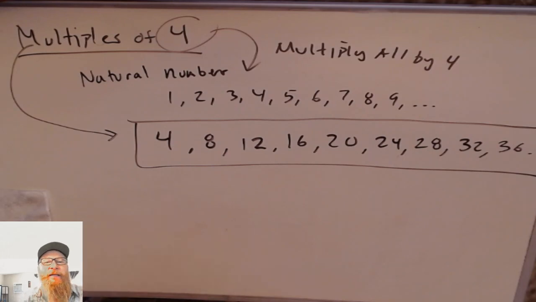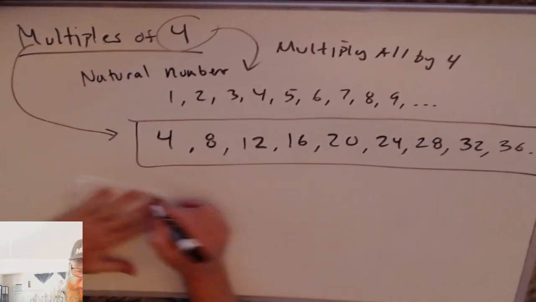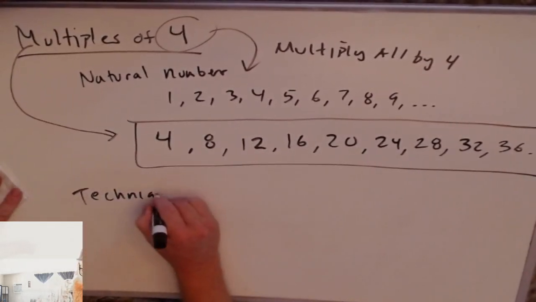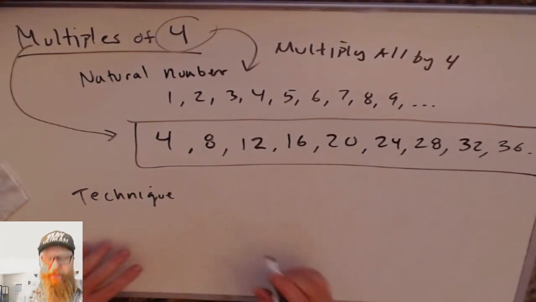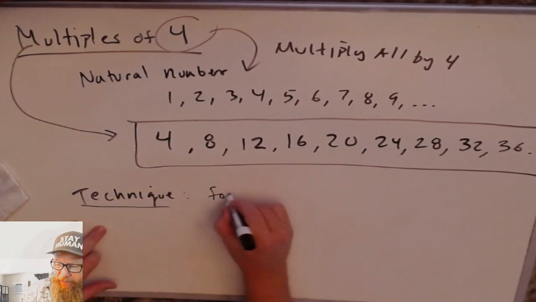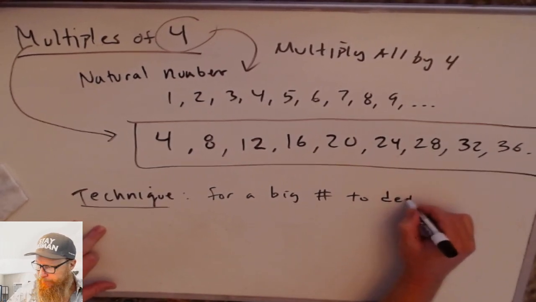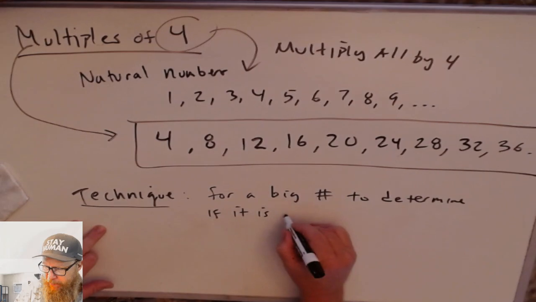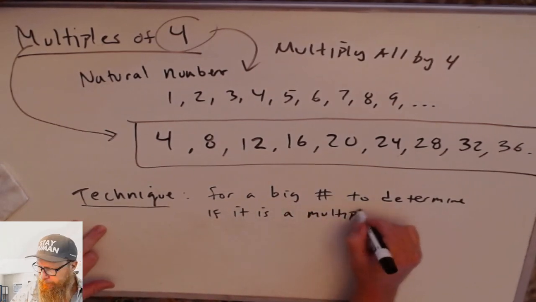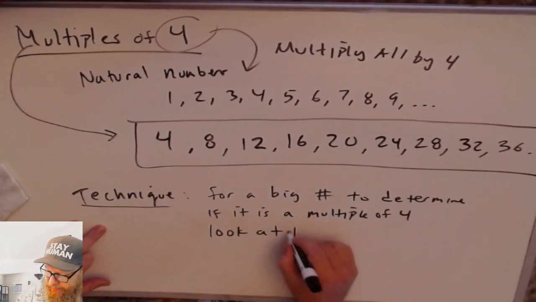Okay. Now here's what I would do for 4. 4 has a neat trick. Or let me call it a technique. A trick makes it sound like magic. Technique is math, yeah? So the technique for a big number, to determine if it is a multiple of 4, look at the last 2 digits.